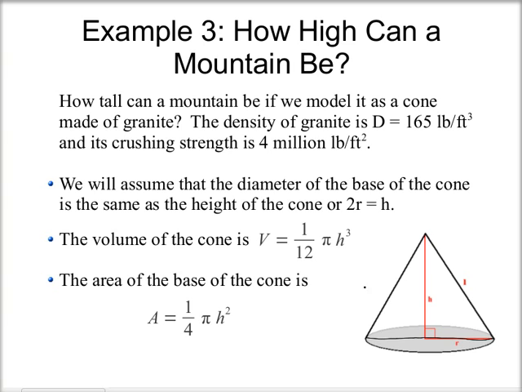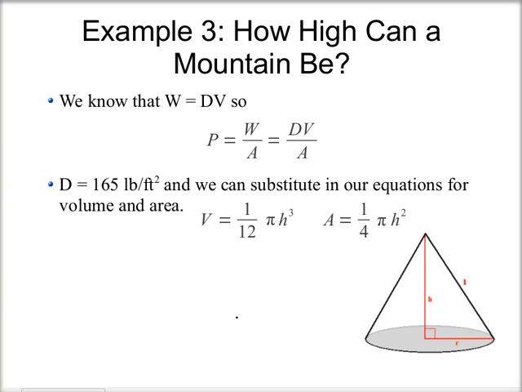And then some equations that we're going to need: the volume of the cone is given by this formula here, 1/12 pi times h cubed, where h is the height. And the area of the base of this cone is given by 1/4 pi times height squared. We know that weight is equal to density times volume.